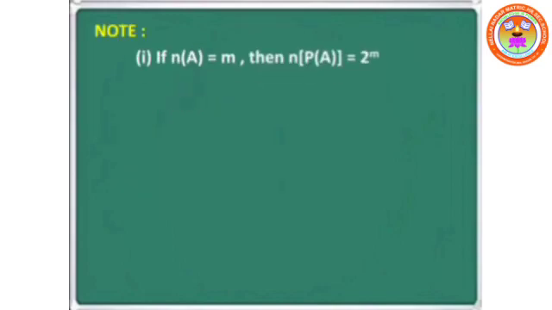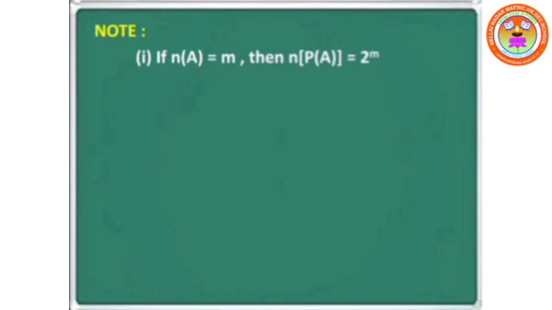Note, if n(A) equals m, n(A) means number of elements in the set A, then n(P(A)), that means the number of elements in the power set of A, is equal to 2 power m. This is one formula.